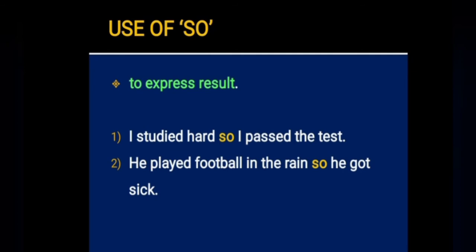Now students, here I would like to mention that the conjunction "so" is used to express the result, while the conjunction "because" is used to show the cause. Keep in mind this thing.